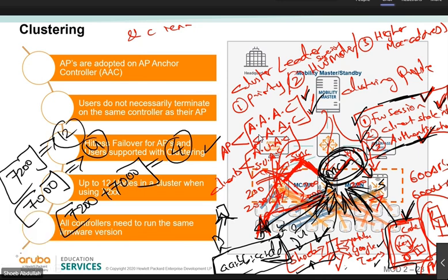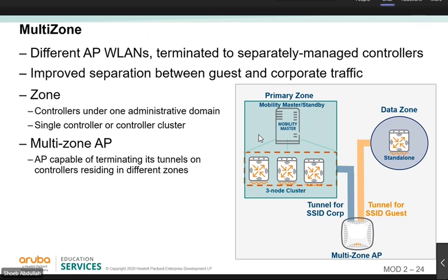And the most important part is all the mobility controllers that are part of the cluster need to have the same operating system version. If they do not have the same version, the AP failover will not come. That was about cluster.